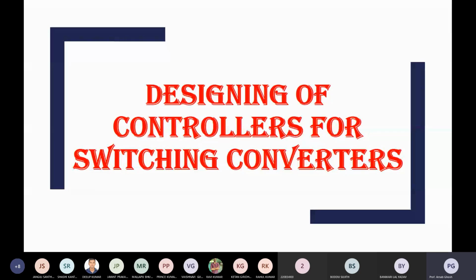Okay, so another important feature, in my last module, you can see that modeling. Converter modeling we did for the mathematical representations of the converter topologies.